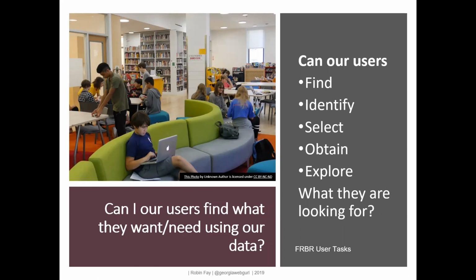But the user tasks are basically, can our users find what they are looking for? The other piece of it more recently we've added is this last one, explore. So can they find other related things? So, when you go into a library or you go into a bookstore, or maybe you go into Target or wherever you may go, and you just kind of wander around a little bit, or you see something and you think, oh, I'm going to go look over there.